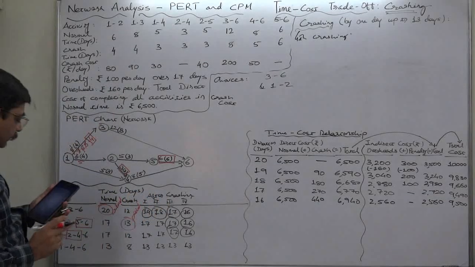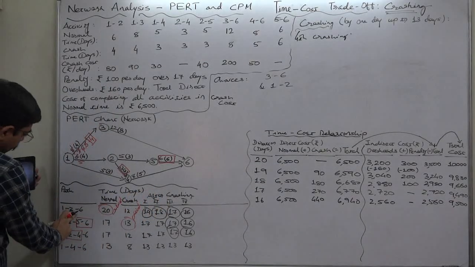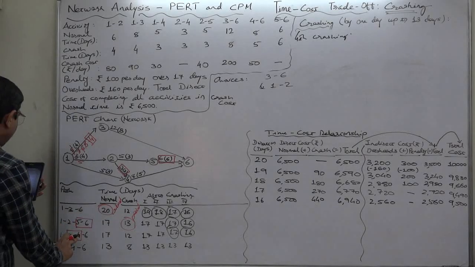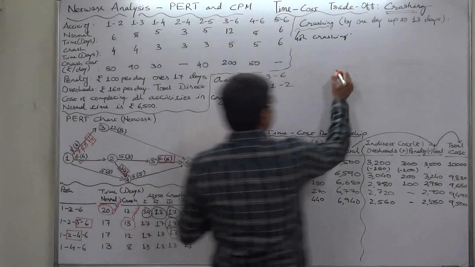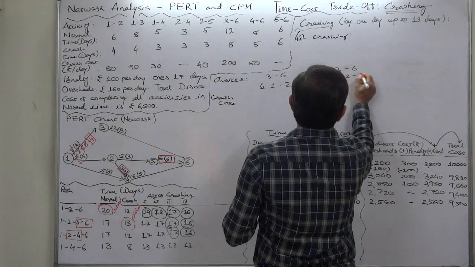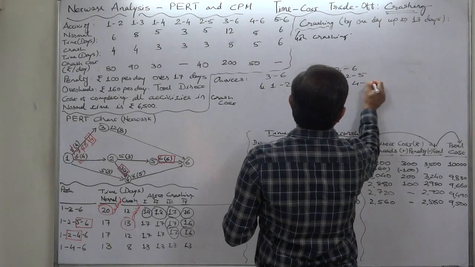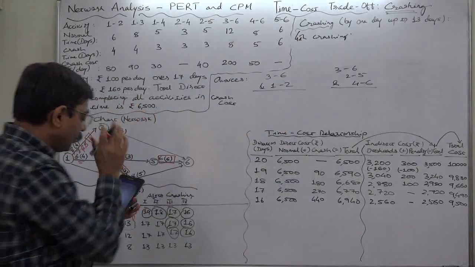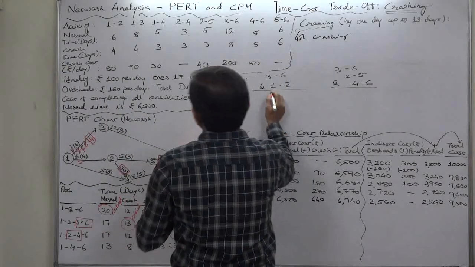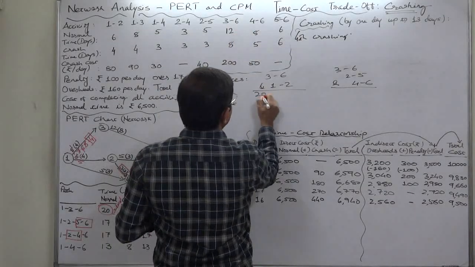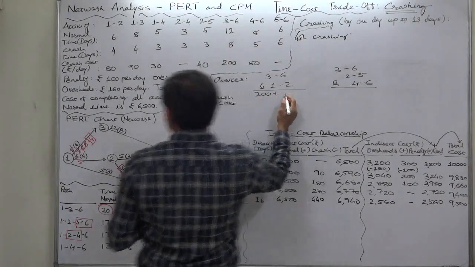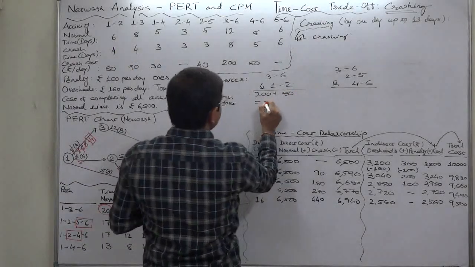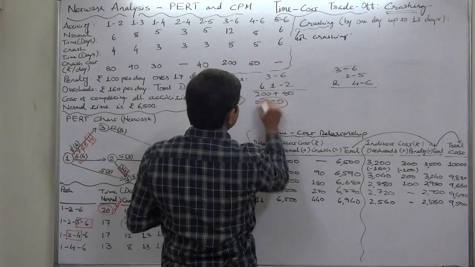Let's calculate the cost. Cost of 3-6 is 200 plus cost of 1-2 is 80, so the total crash cost will be 280 for this choice.